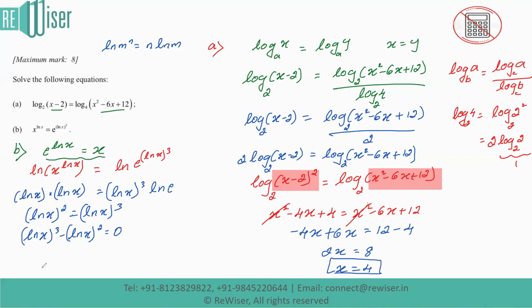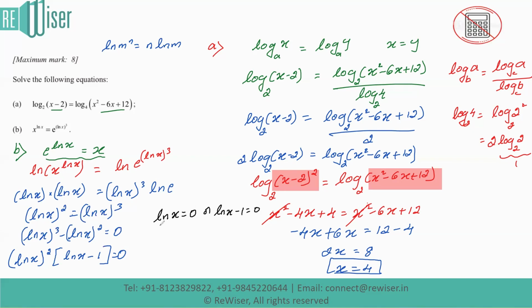From here, if I take ln x whole square common, I'll be left with ln x minus 1. Whenever we have the product of two terms equal to 0, we can equate each term to 0. So in that case, either ln x is equals to 0, or ln x minus 1 has to be equals to 0.